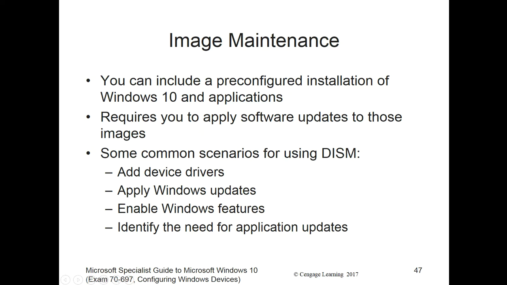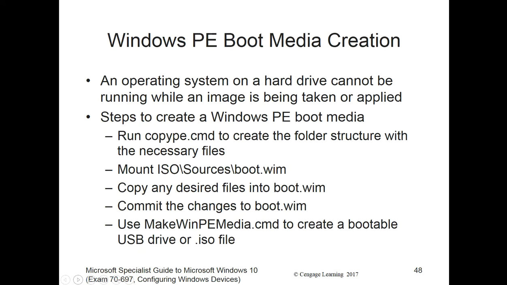And you can include a pre-configured installation of Windows 10 and applications in your image. It requires you to apply software updates to those images. Some common scenarios for using DISM: add device drivers, apply Windows updates, enable Windows features, identify the need for application updates, and Windows PE boot media creation.